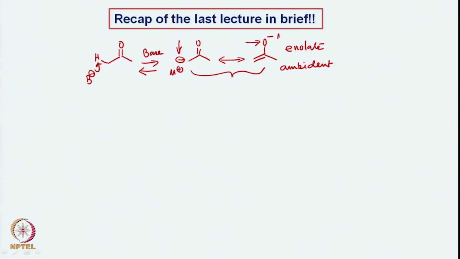So this counter cation will also play a very important role. So the effect of the solvent, effect of the nature of the M plus, and the nature of the electrophile makes the O alkylation or C alkylation of enolates to occur.